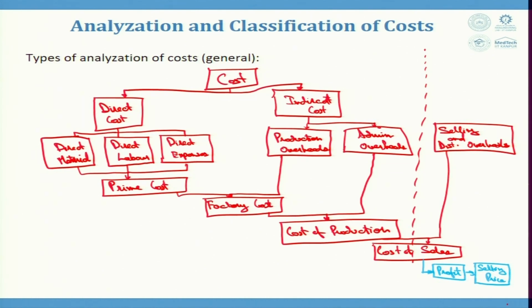I am giving you this terminology because these words, direct and indirect cost, overheads, factory overheads, prime cost, cost of production, will keep coming in this lecture, and we may have to revisit this slide to see what we are trying to talk about when we are talking about costing in social innovation. So, to understand costing in innovation, let us also try to see what the general costing methods are.